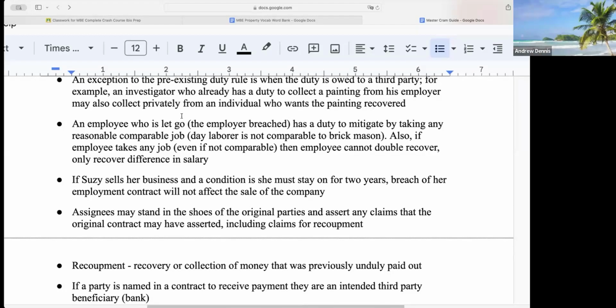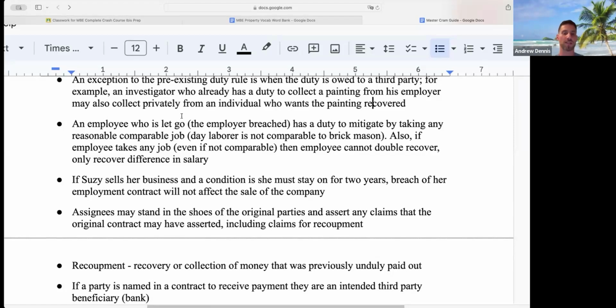If you were supposed to get a job as a brick mason and then they offered you a job as a day laborer, you're not obligated to take that. But if another job in the community was available as a brick mason and it paid $10,000 less, you would be obligated to either take that or not take that, but you could only collect the difference in what that job would pay and what the original job was supposed to pay.